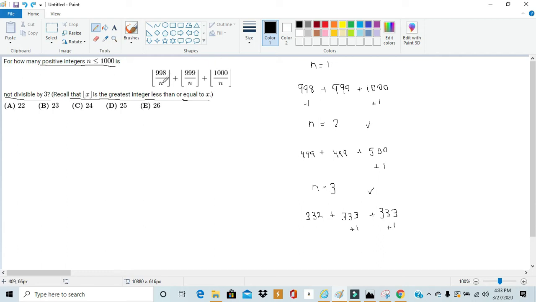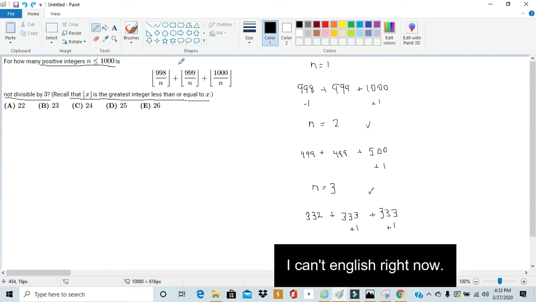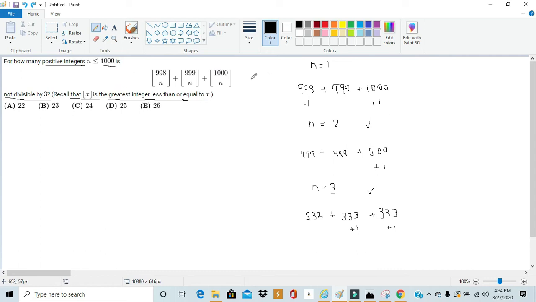For instance, let's say n was 5. Then n would go into 1000, but it won't go into any of the other two, because the closest multiples of 5 near 1000 are 5 less than 1000 or 5 greater than 1000.